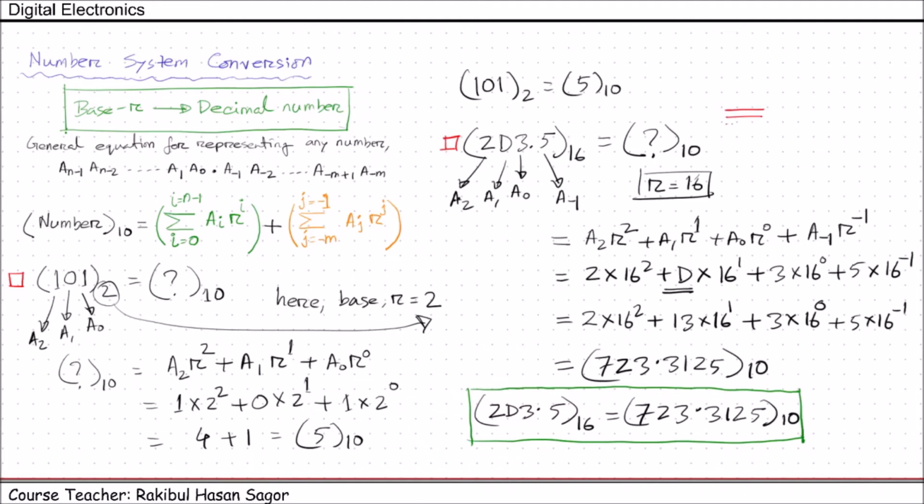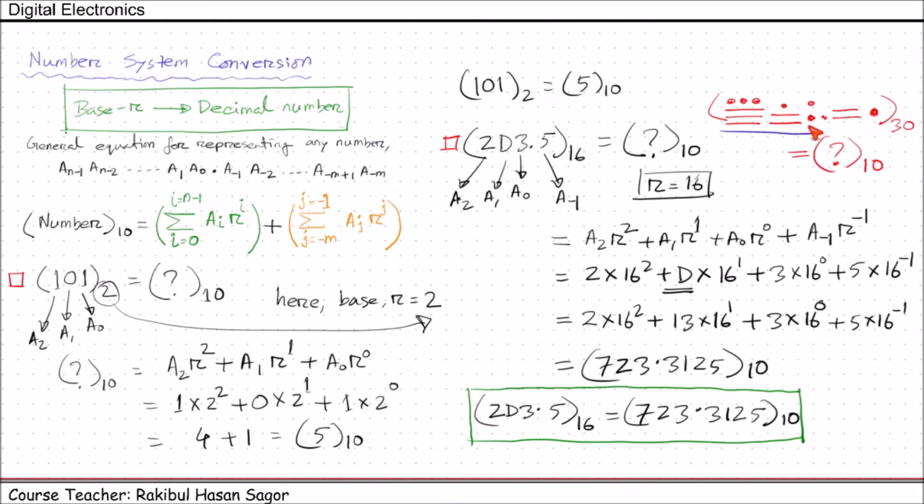Convert this Maya number, that means the number used by the Mayan civilizations. We have this symbol, point. This is a Mayan number. We know Mayan number has base 30. So from base 30 to decimal number, what is the corresponding value in decimal?